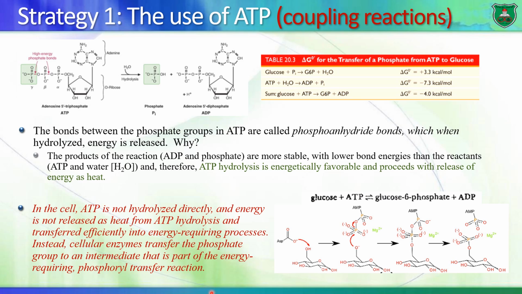So what they do is that they form an intermediate molecule that is phosphorylated, that would have a high energy bond. So whenever you have this reaction right here, glucose plus ATP giving us glucose 6-phosphate plus ADP, within this reaction right here, you have the formation of a transition state.